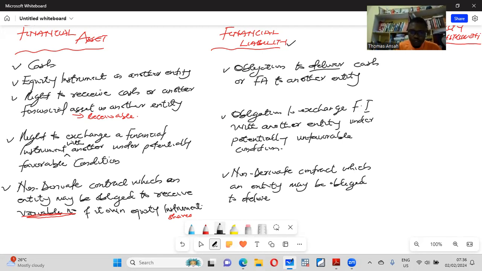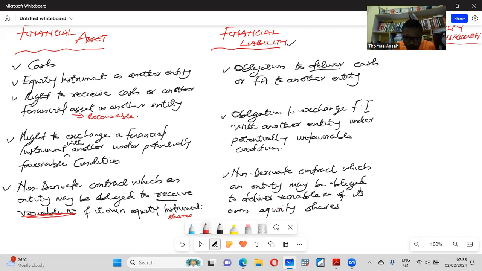So here it was receive, but here it is to deliver a variable number of its own equity shares.